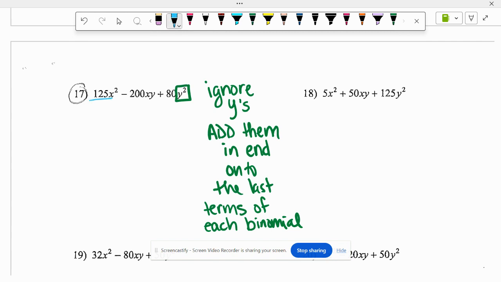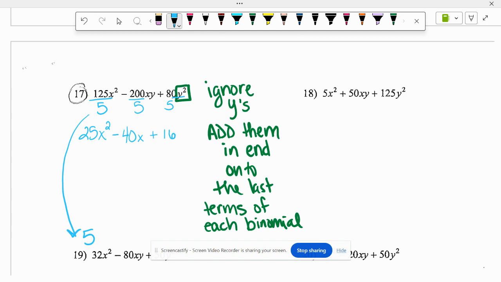So the first thing I'm going to do is look for a GCF, and I have a GCF of 5. I can take a 5 out of everything. So I'm going to bring this down. I'm going to factor out a 5. And when I do that, I have 25x squared minus 40x plus, let's see, 5 will go into 80 16 times.